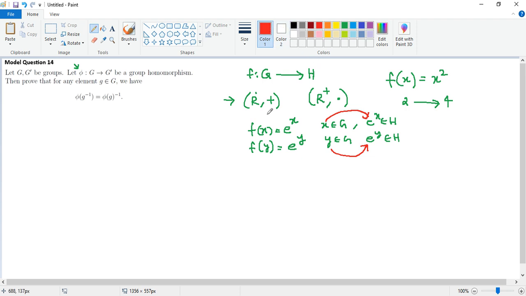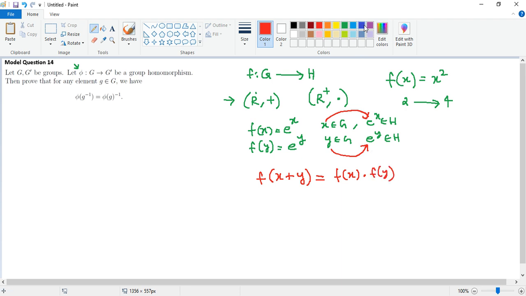For us to say that this is a homomorphic function, or that there is group homomorphism, this condition should be satisfied. The condition is this: I take two elements x and y from G, and f of x plus y should be the same as f of x times f of y.